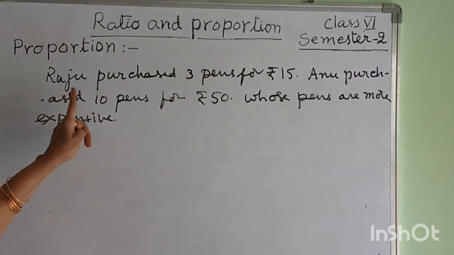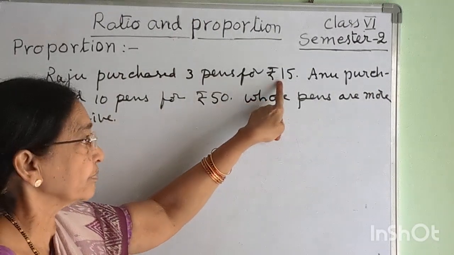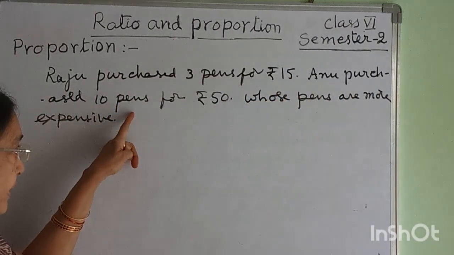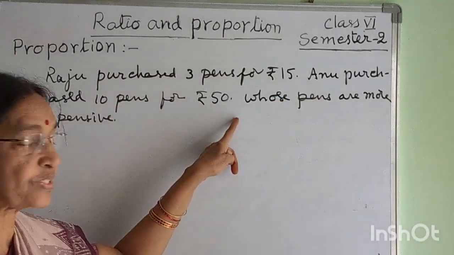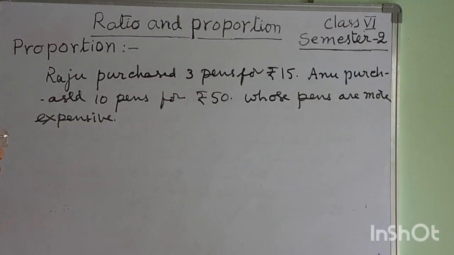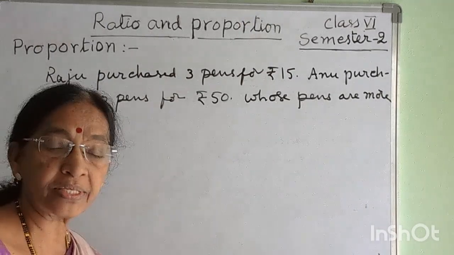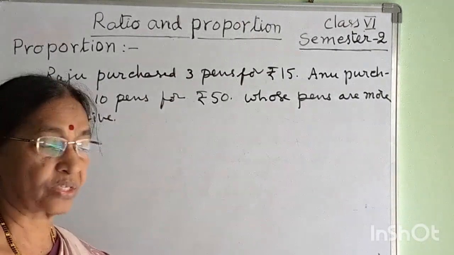Next example. Raju purchased 3 pens for 15 rupees. Anu purchased 10 pens for 50 rupees. Whose pens are more expensive? So we will see the ratio of the number of pens and the ratio of the cost.